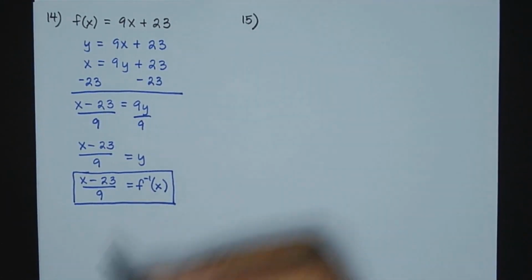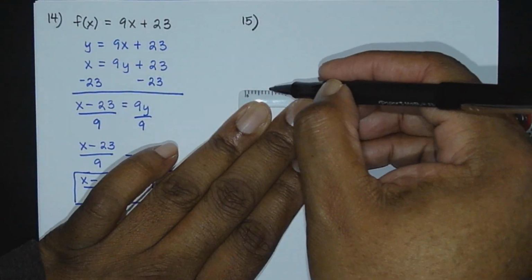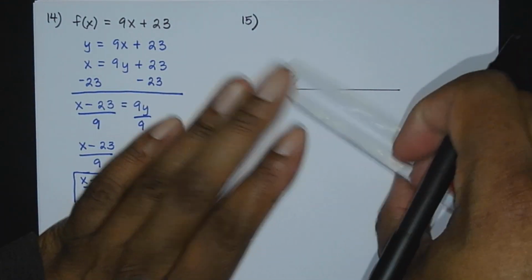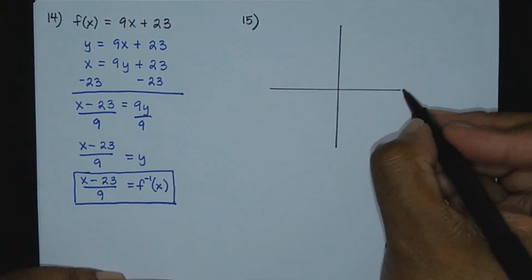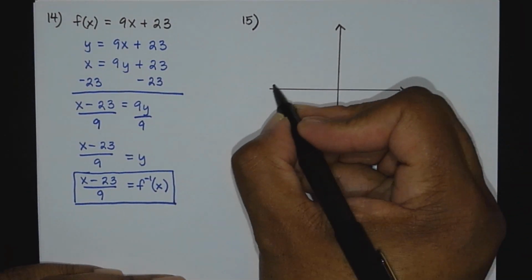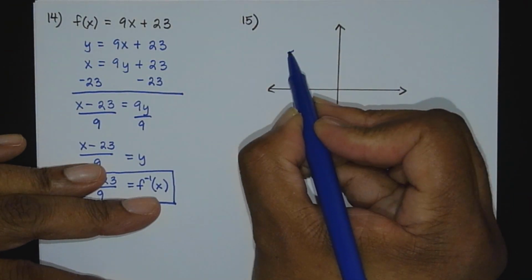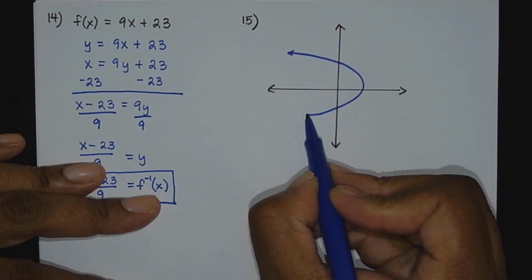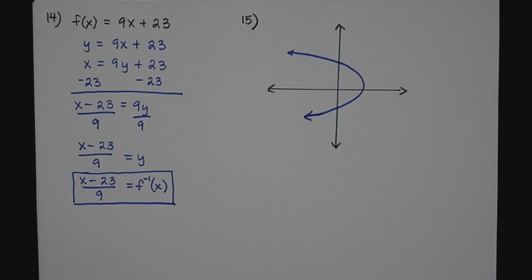And finally, number 15 is using the horizontal line test to determine if the graph below has an inverse. And believe it or not, I get people that miss this question as well. It says use the horizontal line test.